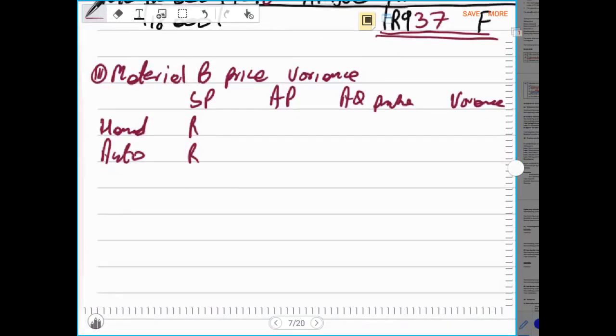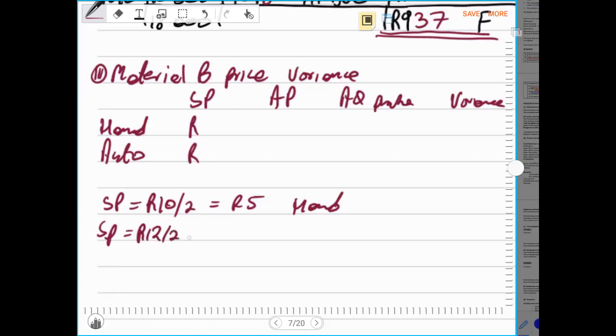So now we need to say the standard price will be 10 rand divided by 2, which is 5. And remember, this is for hand, and my standard price for auto will be 12 divided by 2 kgs, which is 6.